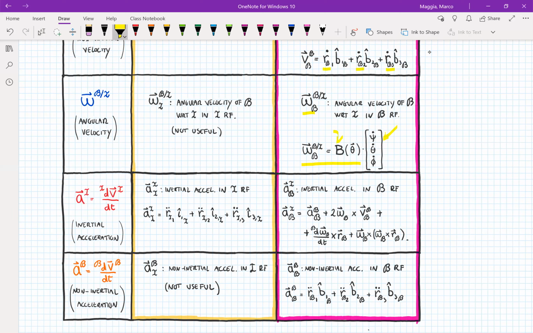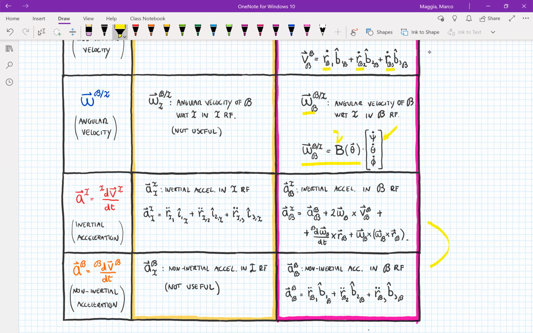And now in the last two rows, I wrote down the expressions for the inertial and the non-inertial accelerations, but we have yet to see them. I just put them here, so in the future you can always come back to these notes and have all the quantities already summarized, so you don't have to go back and forth. But now we're going to see how we get to the expression for the acceleration.